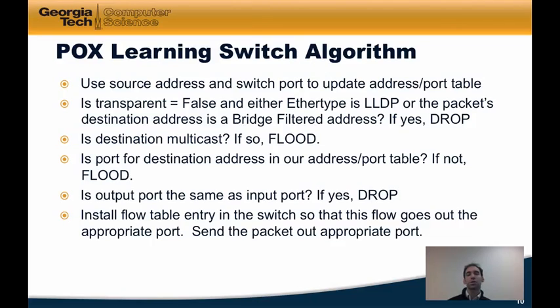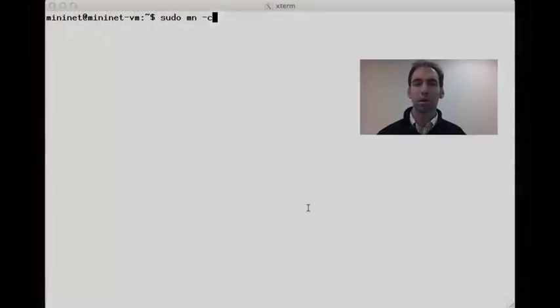What the controller does is take that source address for the packet and the incoming port on which the packet arrived and inserts a flow table entry in the switch that instructs all future packets destined for that address to be forwarded only out that output port, rather than being flooded out all output ports.